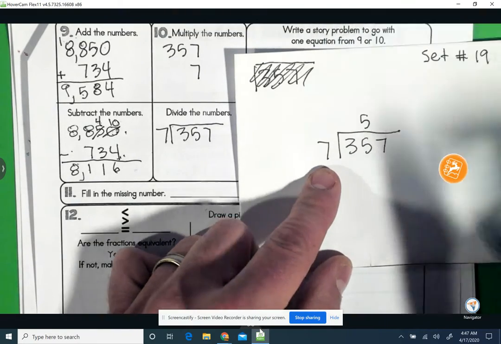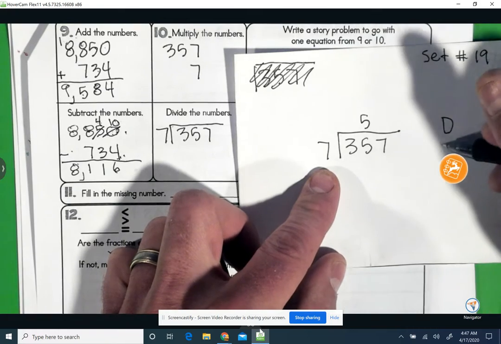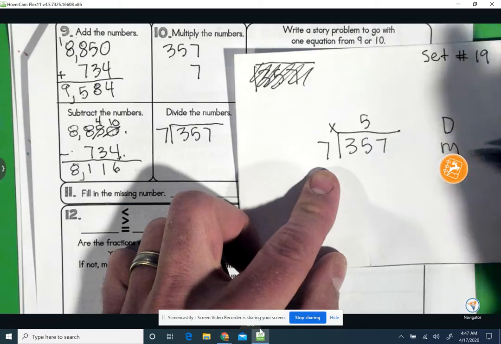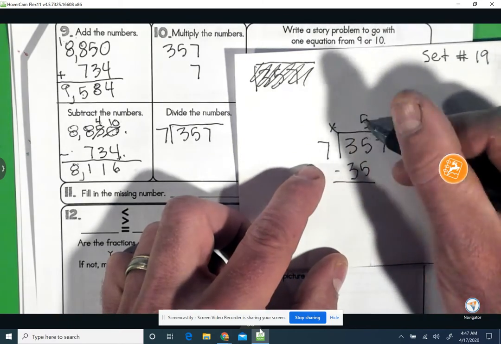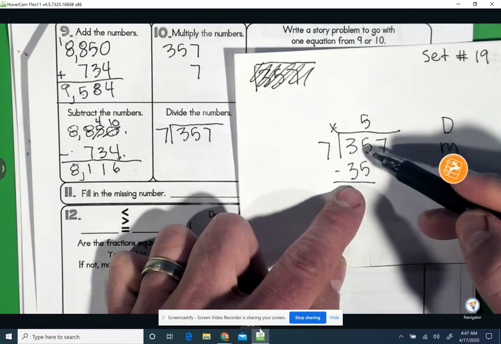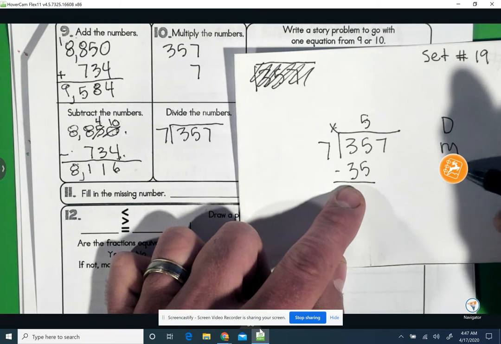That is 5. Once you have divided, now you multiply. 7 times 5, and we get 35. You place that product of 7 times 5 underneath that which you divided, which in this case is 35, so that you can be prepared for the next step.